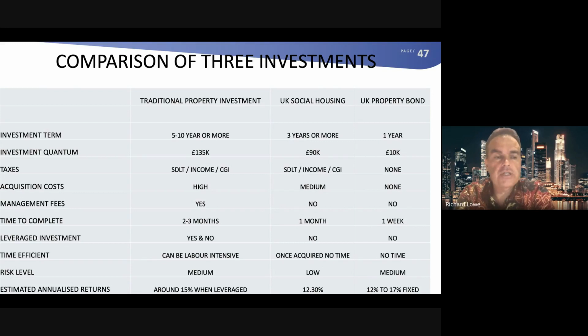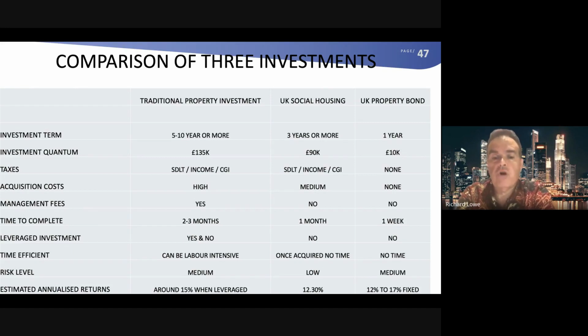Time efficiency, in terms of how much time and energy do you need to put into your investment. Time is a resource, and as you start acquiring more and more properties, it can start to build up in terms of how many babies you need to manage. It can be labor intensive, as I say. The acquisition can be 2 to 3 months, and it can be sometimes quite a painful process to apply for the mortgage.